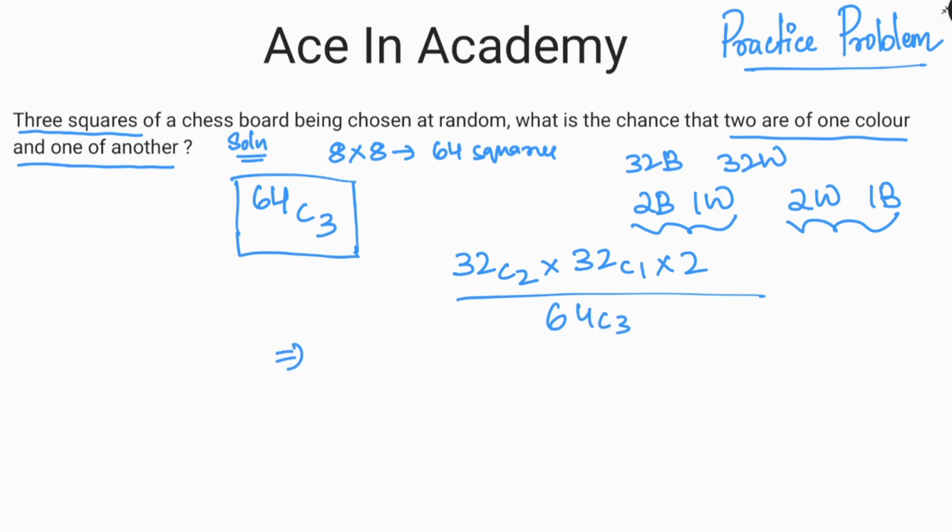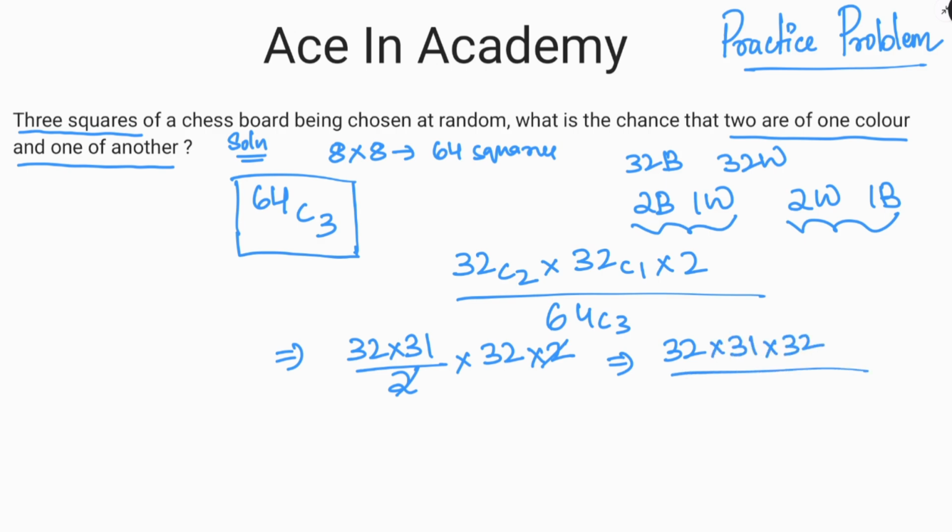Now let's open it. 32C2 can be written as 32 into 31 divided by 2 factorial, that is 2, into 32C1, that is 32, into 2. So this 2 and 2 will get cancelled. In our numerator we will have 32 into 31 into 32. Now 64C3 can be written as 64 into 63 into 62 divided by 3 factorial, which goes in the numerator and becomes 6.